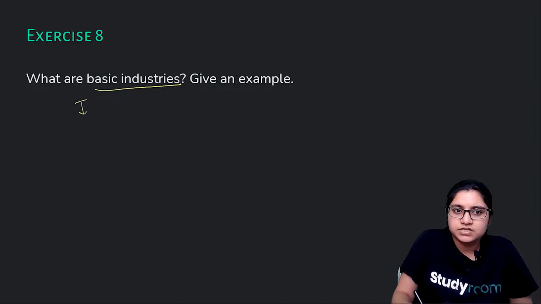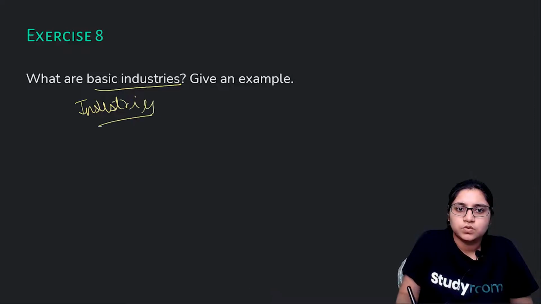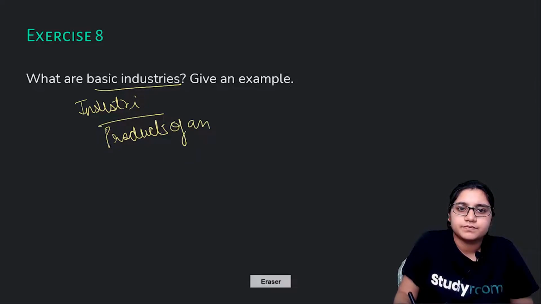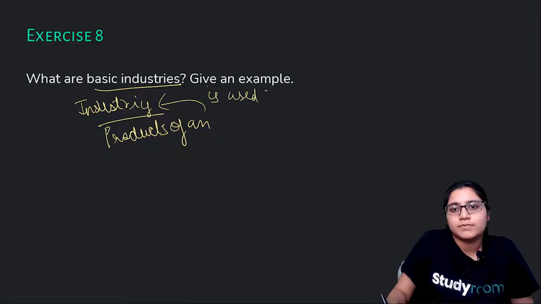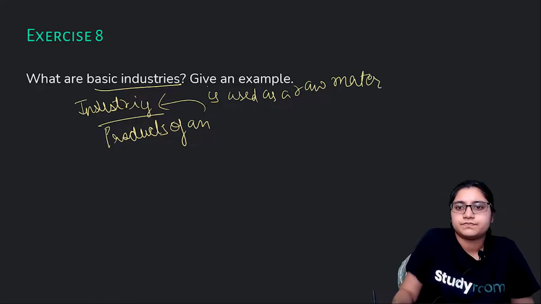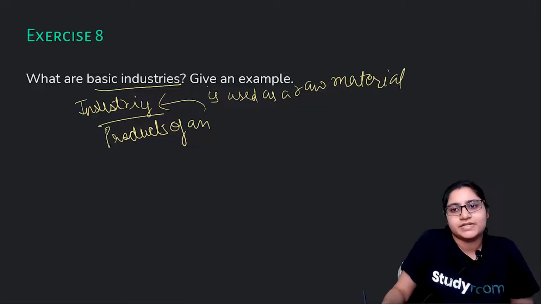Okay, so when the products of an industry are used as a raw material for other industries, it is known as a basic industry.